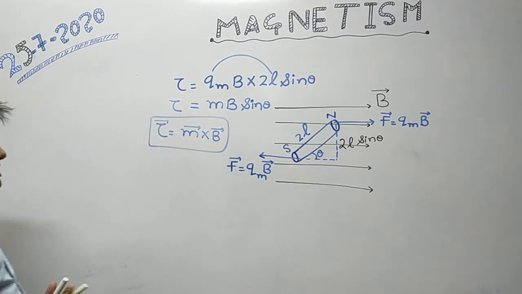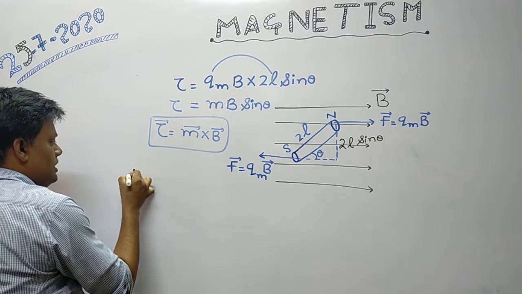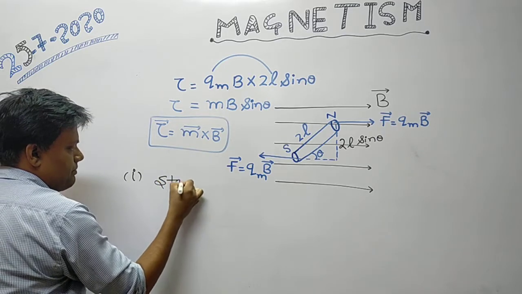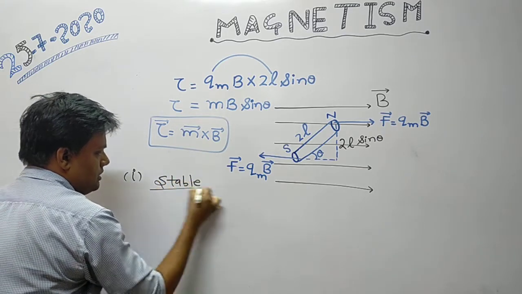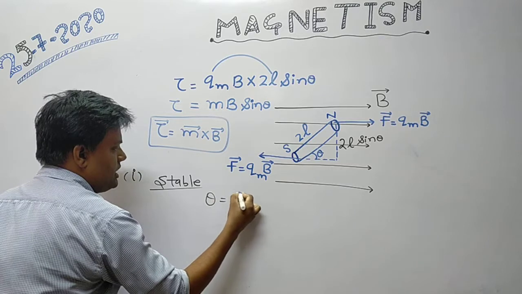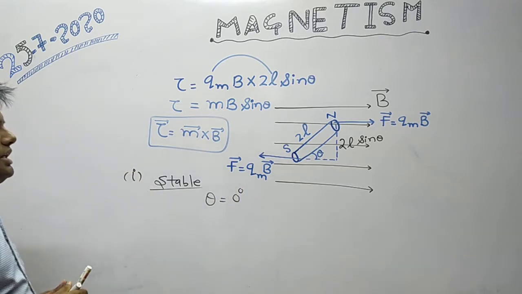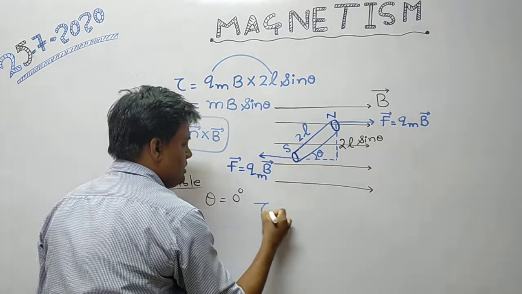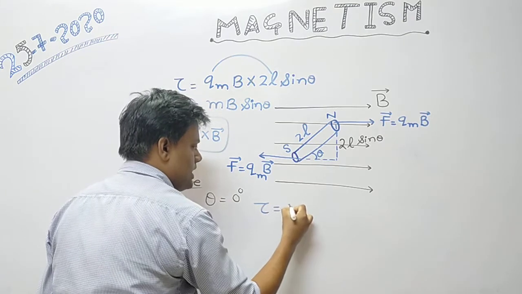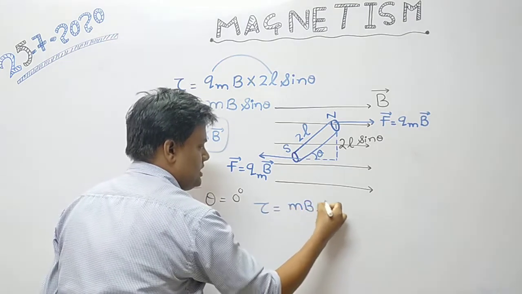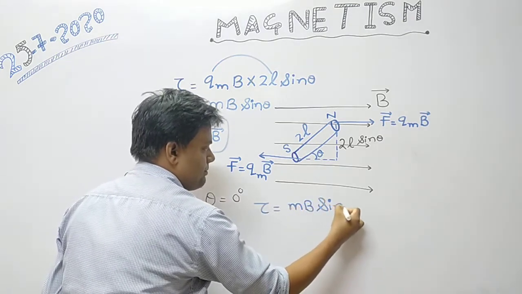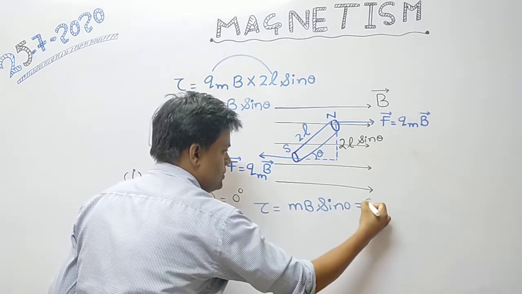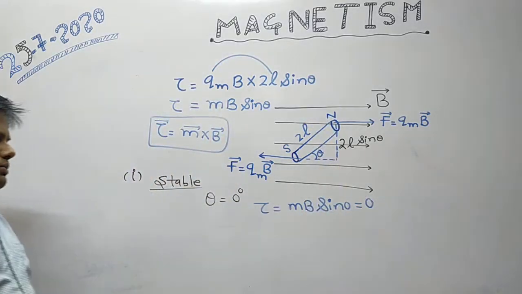Now the first case, number 1, the stable situation, theta equals 0 degree. At theta equals 0 degree, torque will be 0, because MB sine 0 and sine 0 equals 0, so the total torque will be 0.